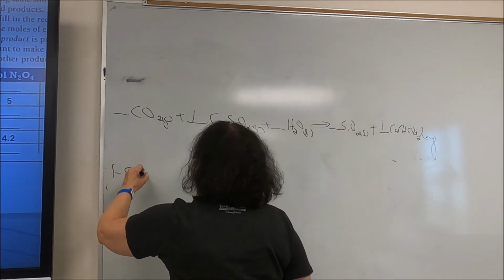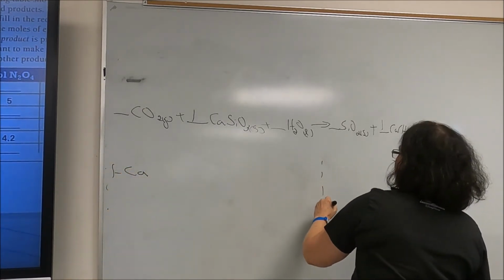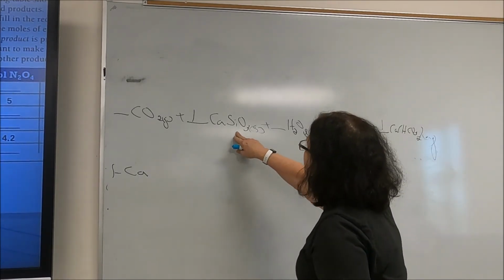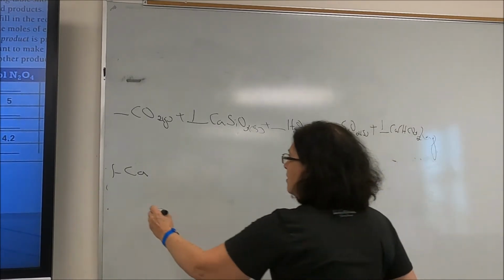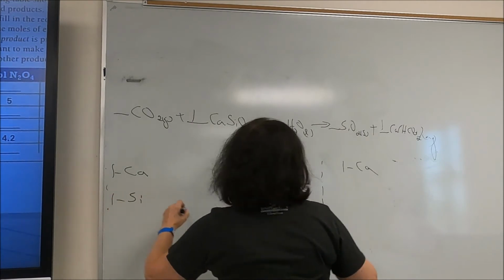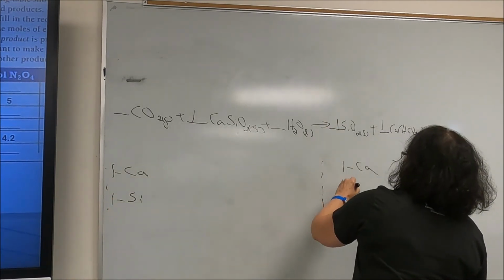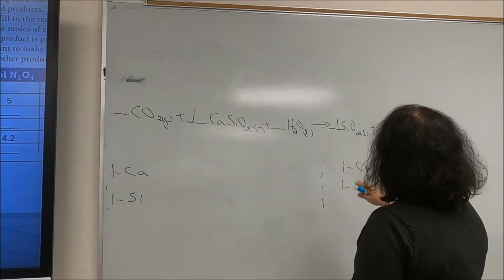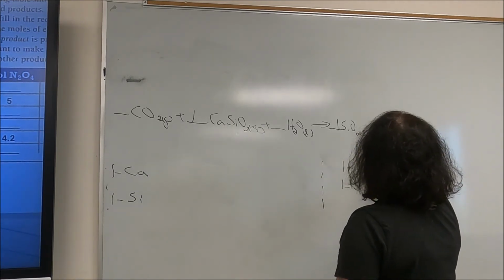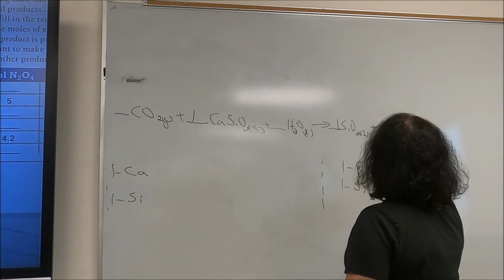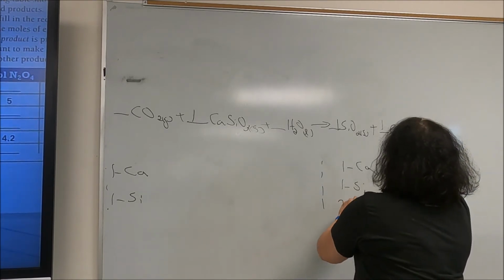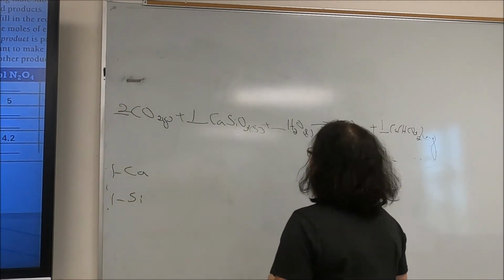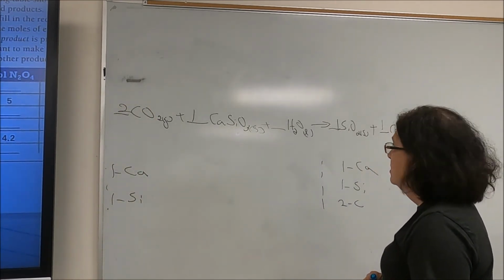So I've got 1 calcium on this side, I've got 1 calcium over here. Putting a 1 there locked me into 1 silicon. So 1 Si here, so I'll put a 1 here, so 1 silicon here. By putting a 1 here, 1 times 2, I've got 2 carbons. So I need to put a 2 there to balance out my carbons.